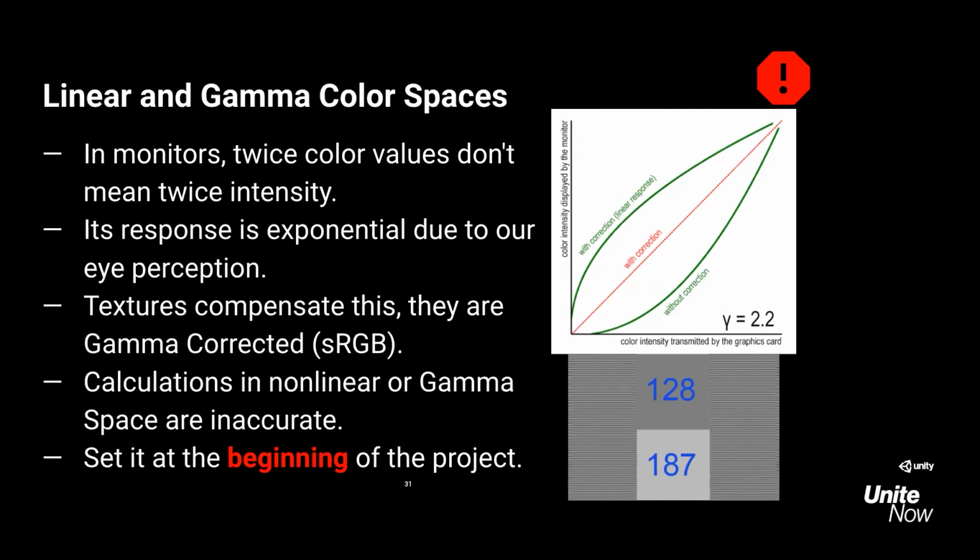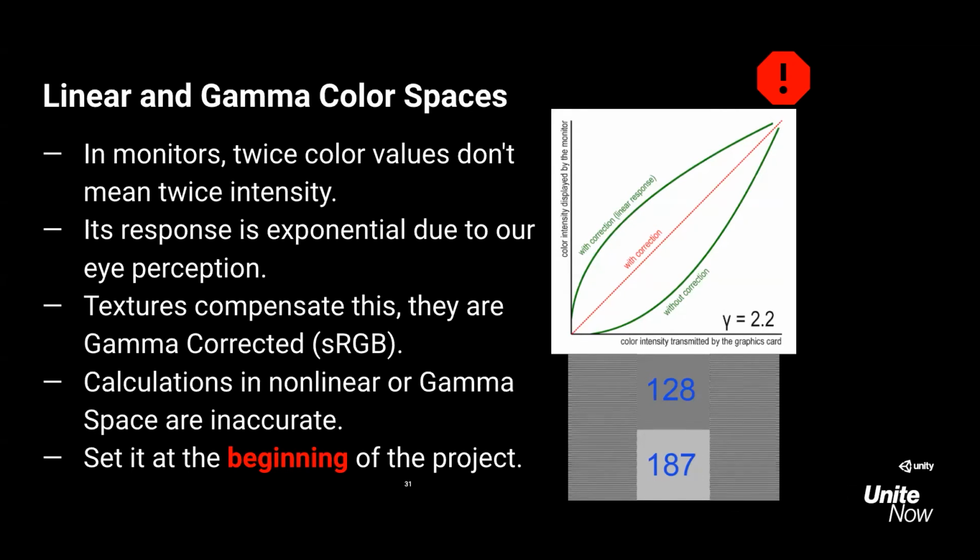So our monitors, our regular CRT and LCD monitors, don't have a linear response. What I mean with that is, if you have a color and you multiply the color by 2, expecting to have the same color but twice as bright, it won't be twice as bright, actually. Why? Because the way our eye works is not linear. When the eye receives twice the photons of another color, let's say you receive red and you want to receive twice the photons of red, your perception of the color is not going to be twice as light.